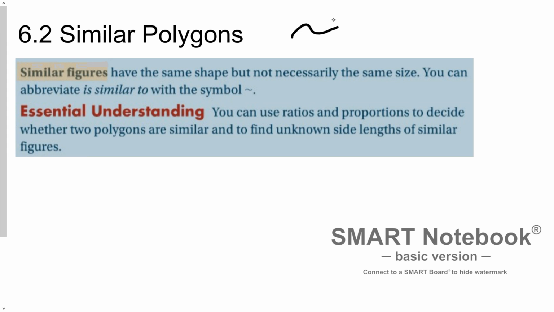They have the same ratio of sides, or they have the same angles, but they're not the exact same, right? So they can have different side lengths, but they could have the same angles, therefore they would be similar. Or their side ratios could be the same, and that would make them similar. Okay, so let's go ahead and jump into it.